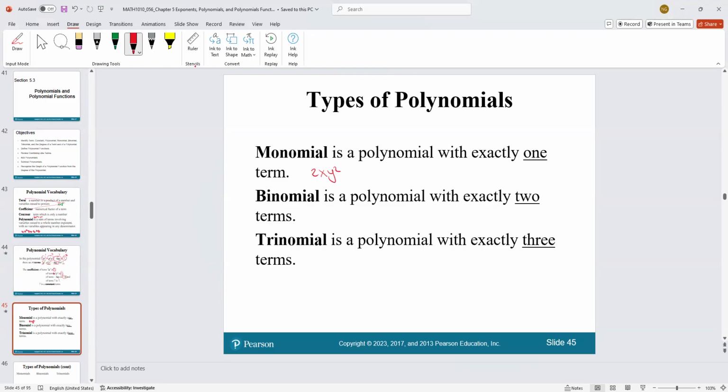For example, 2xy squared minus 6xz. You see, you have two terms here. A trinomial has three terms. So, for example, 6x cubed minus 3x squared plus 1. There are exactly three terms in the trinomial. After three we stop counting, so we call them polynomials.